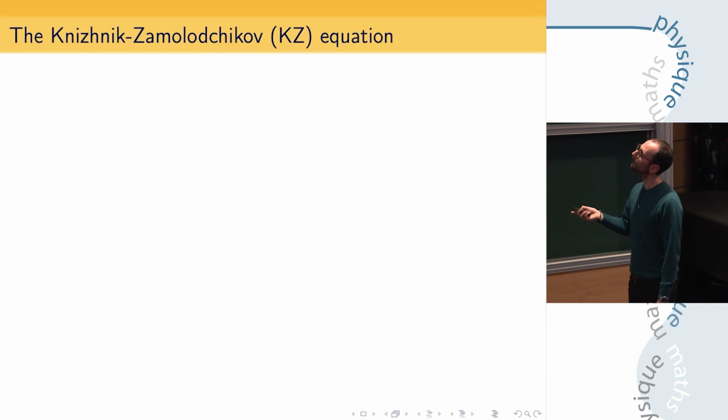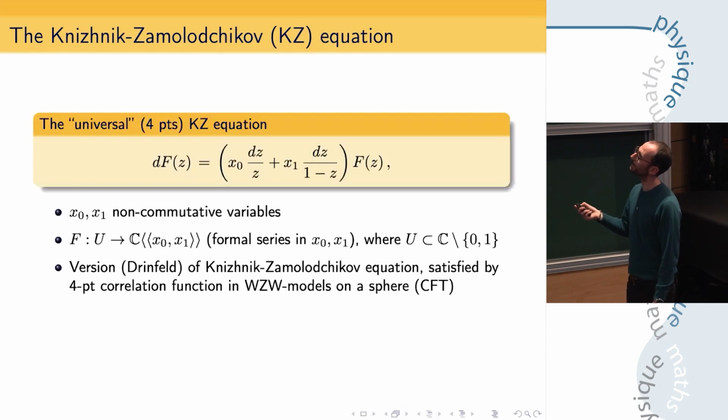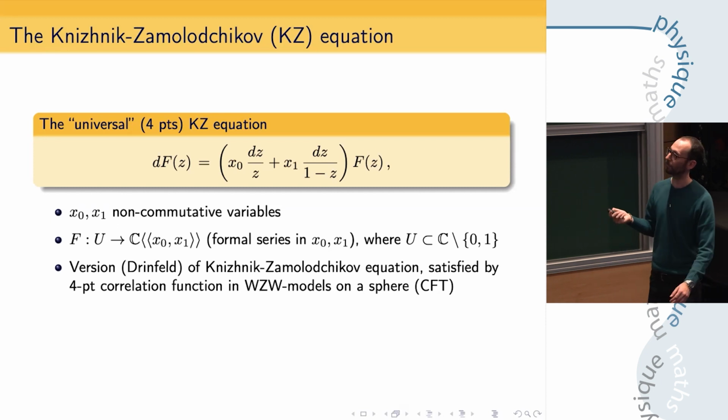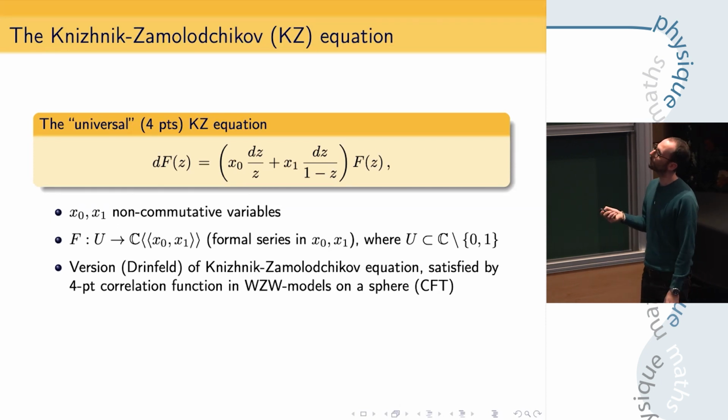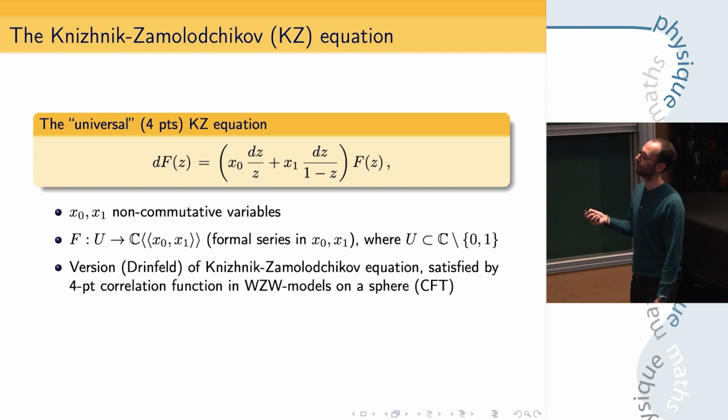So this equation was introduced in the 80s by these 2 physicists in the context of 2-dimensional conformal field theories, a certain kind of 2-dimensional conformal field theories. But what I want to speak about today is in fact this universal version, which was probably introduced by Drinfeld, I think. Which goes as follows.